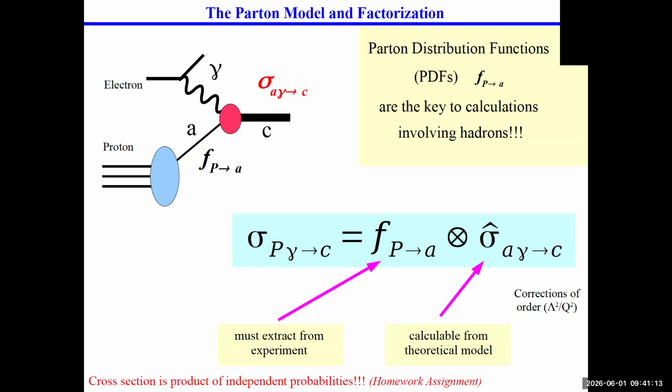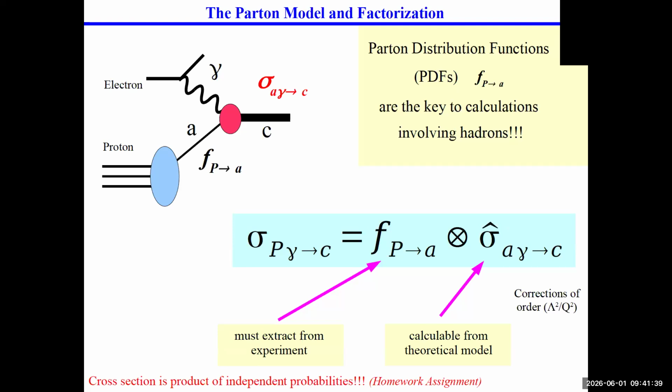Let's step back. How do we do this? Where do we get this from? Because this contains all the non-perturbative information about what's going on in the proton. Well, this hard scattering process is something I can typically calculate. It involves a fundamental photon with a fundamental quark, fundamental particles. I have the Standard Model for that, so I can calculate that hard scattering cross-section.